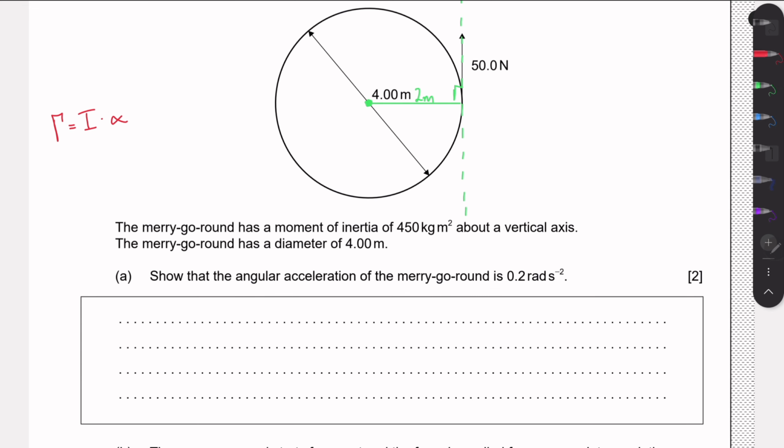The torque, which is 50 times 2, will be equal to the moment of inertia, 450, times the angular acceleration, which we want to find out. If we do this, we'll find an angular acceleration of 100 divided by 450, which is 0.22, approximately 0.2 radians per second squared.